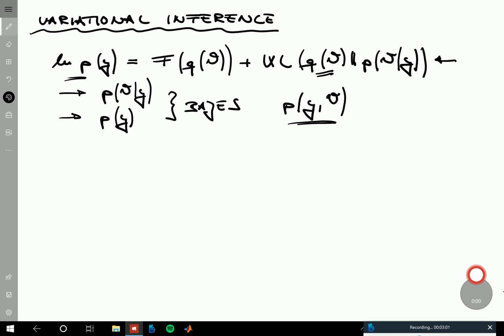So maximizing the free energy renders the free energy a good approximation to the log marginal likelihood, and the variational distribution a good approximation to the posterior distribution.